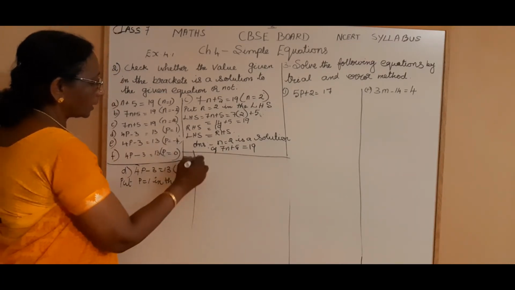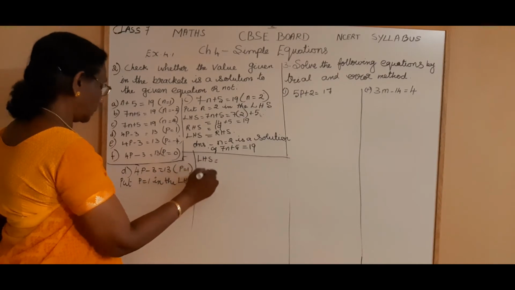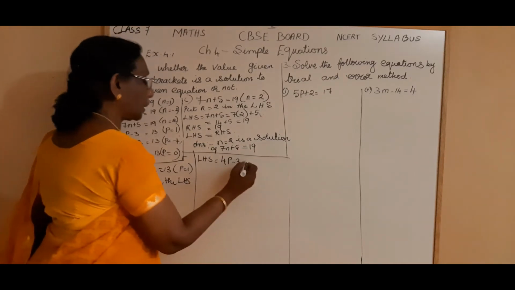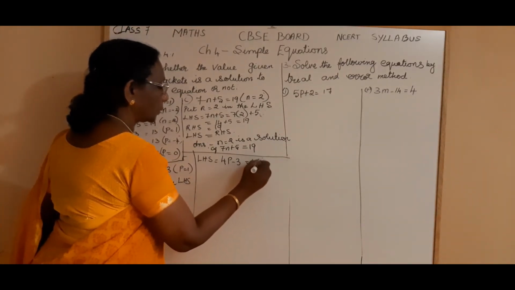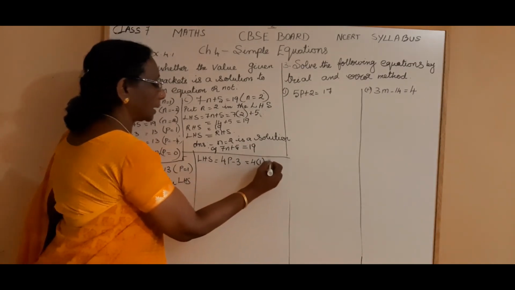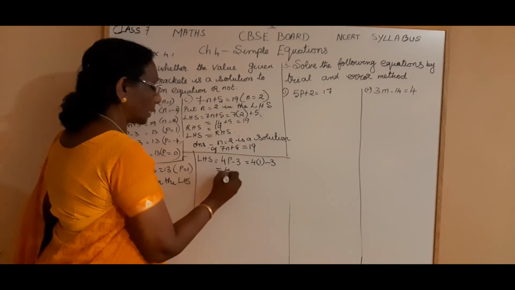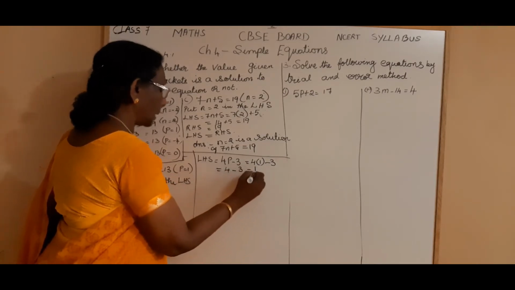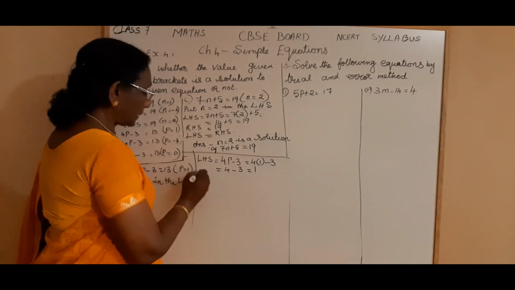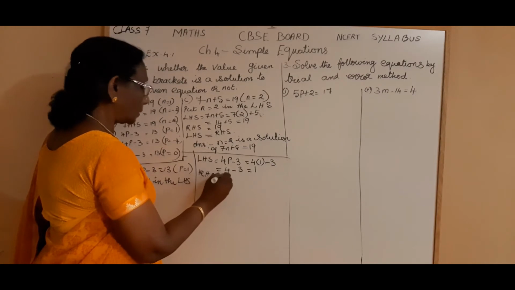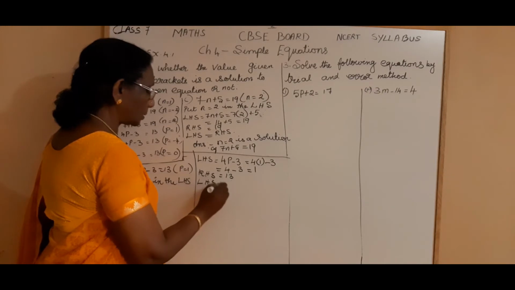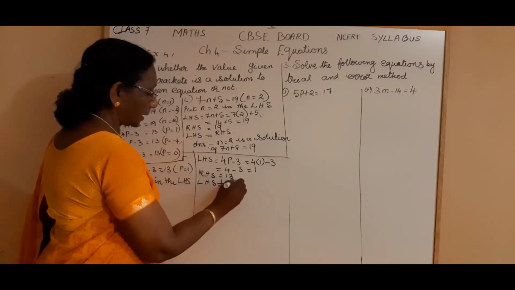So what will be the LHS? It is equal to 4p minus 3. That is 4p is what? 4 into p, 4 into 1. Instead of p, we are writing 1. So 4 into 1 minus 3. What do you get? 4 ones are 4 minus 3. You are getting 1. But here, the right hand side is equal to 13. Therefore, the left hand side is not equal to the right hand side.